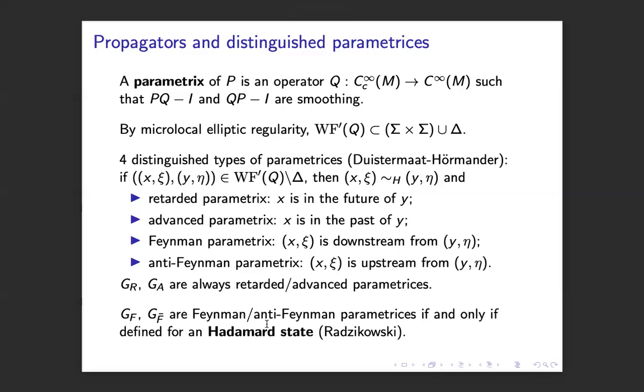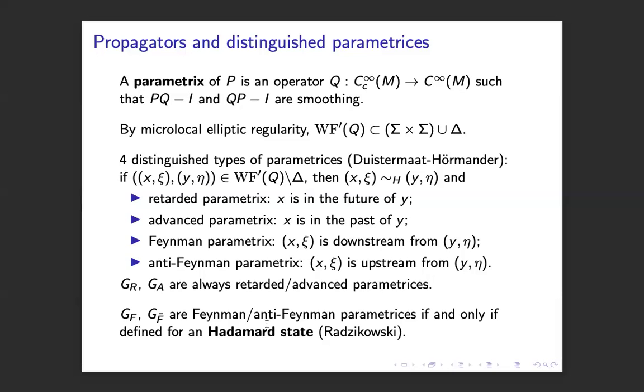I'm definitely not going to be able to go through everything, but I want to say some things which are interesting ideas here. You can give these microlocal definitions for what a parametrix of each of these types is. The retarded and advanced propagators, which are well defined on any globally hyperbolic spacetime, are always parametrices of this type.